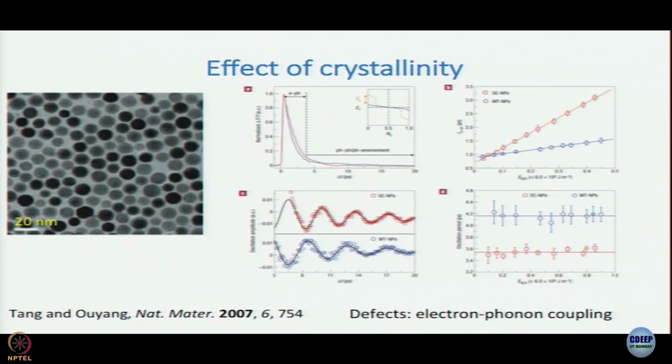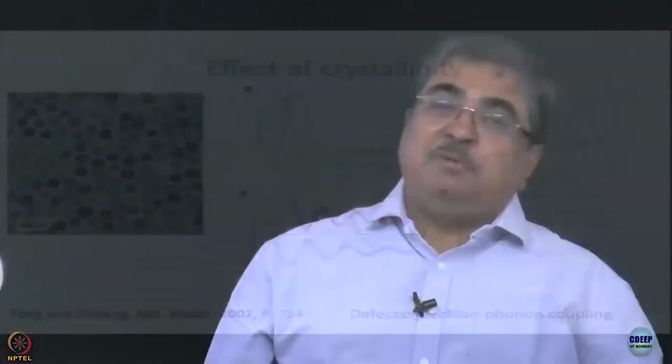Okay. What do you see? The x axis is a little different from what we are used to seeing. It is actually pump power, but they have a way of calculating how much of the pump power is actually absorbed by the nanoparticles. That is, to be honest, a more relevant parameter, because not all the pump power is absorbed, right.